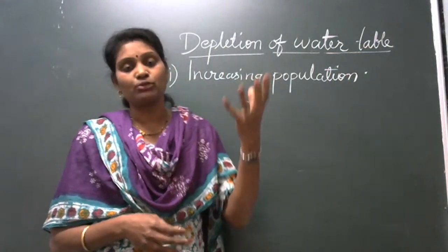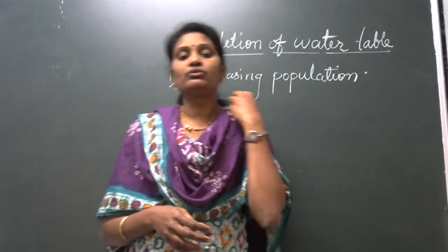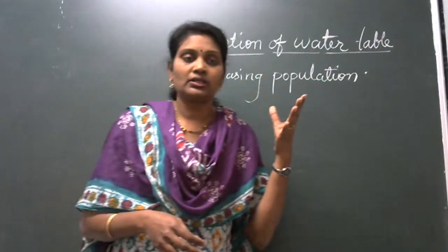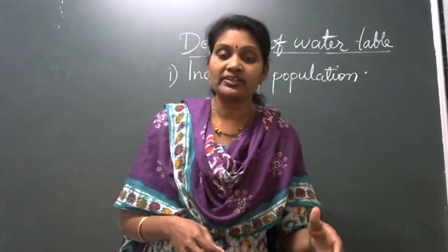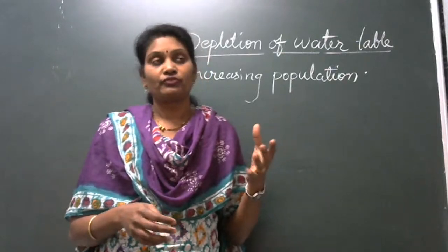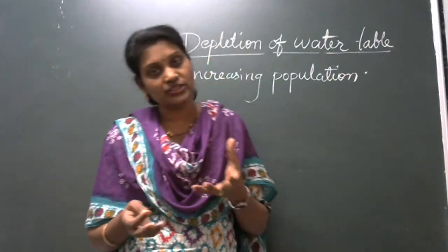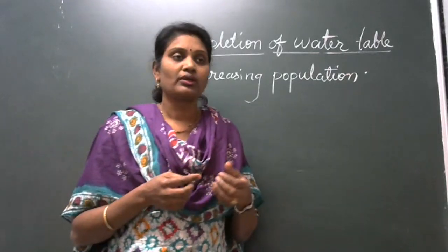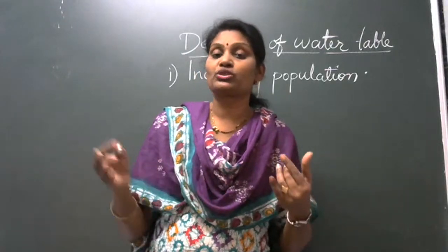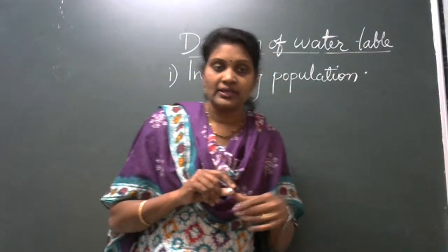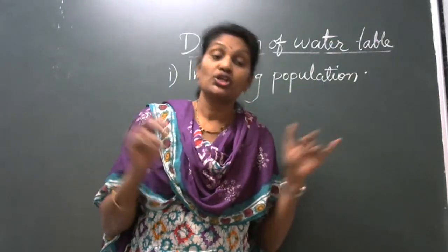सबको पानी चाहिए, सब लोग यूज कर रहे हैं, and if we are using it, what will happen now? The water which is in the underground, because we are not only using the water from the rivers and the lakes, but we are using the water from underground also. See, पहले villages में दो चार घर रहते थे, एक कुआ है, only one well is sufficient for the village.